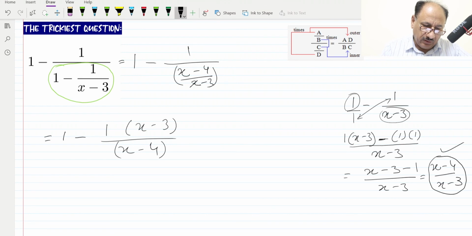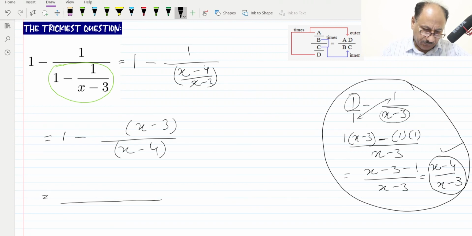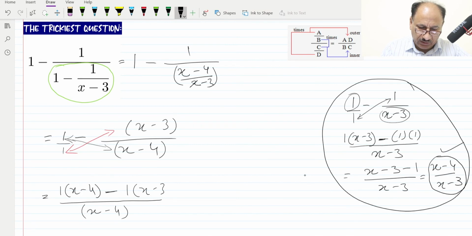Now after this, multiplication by 1 makes no difference, so we'll remove it. Now we can take the LCM again, the same method which I have done over here. The LCM will be x minus 4, and this will be 1 over 1, and we will write here 1 into x minus 4, the minus sign in between, and then multiplying these two, 1 into x minus 3.